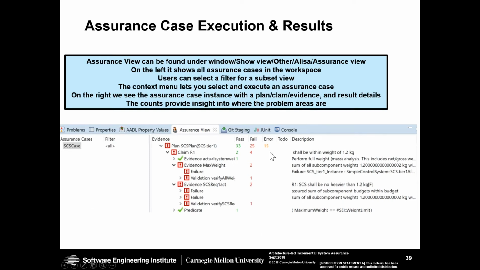And what we see on the right-hand side right now is the result of the execution, which has a number of passes, a number of fails, and a number of executions that fail to execute. You can then open up and drill down to find where you have your passes and failures, and it goes all the way down to claims, various forms of evidence, in the case of positive or negative evidence, and there is more detailed results, you can find out the details of that.